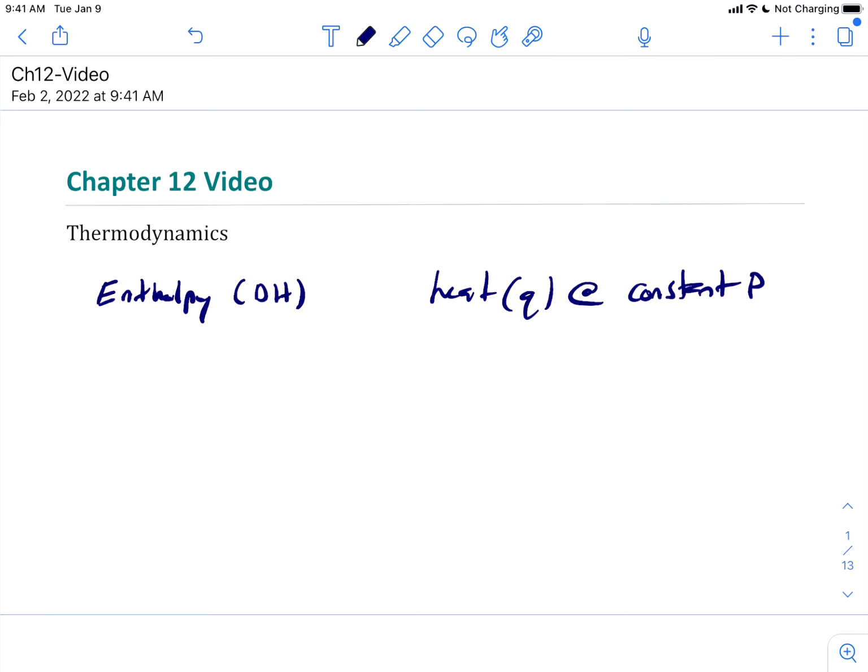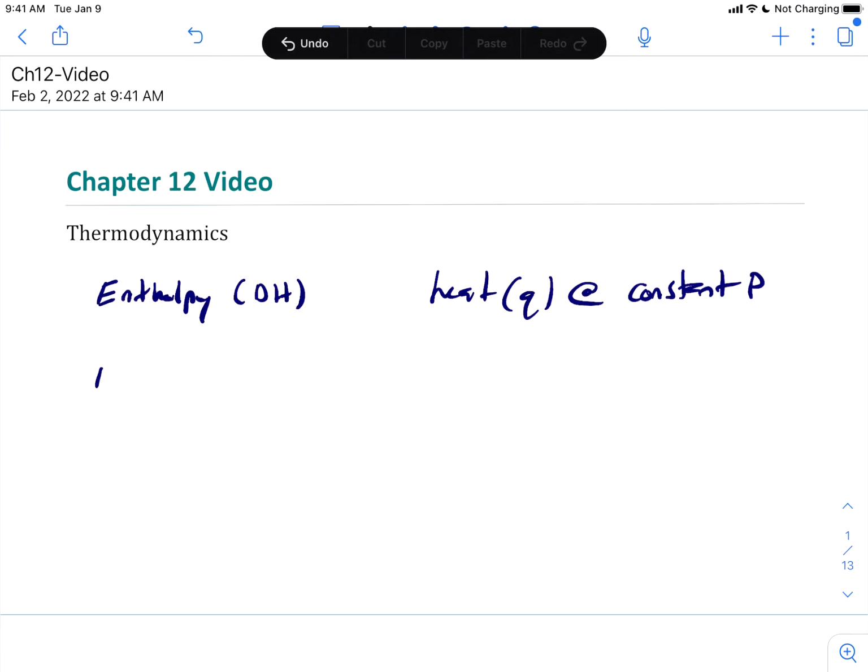It's really just heat, but in systems with constant pressure. That's all it is. So most of what we deal with in chemistry, first normal systems that you're exposed to, simple systems, are going to be constant pressure. So we always deal with enthalpy.